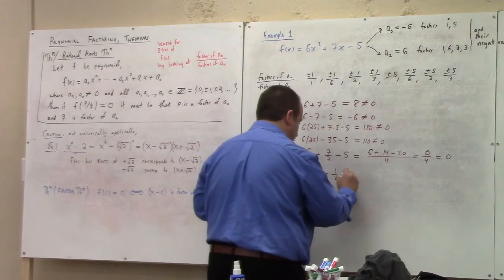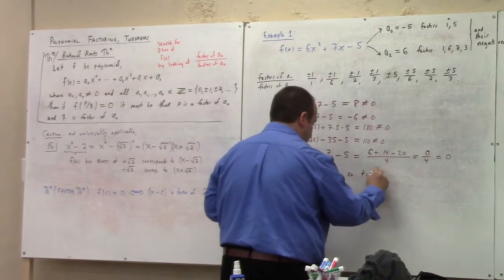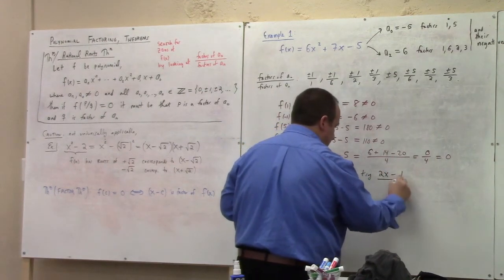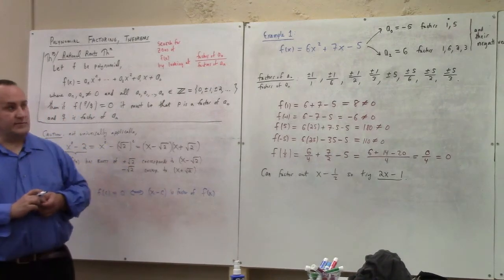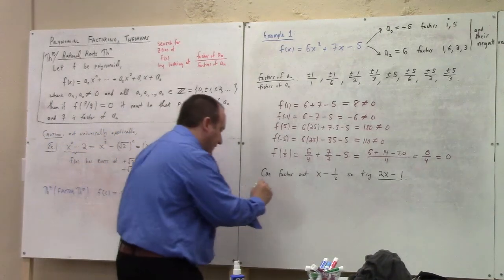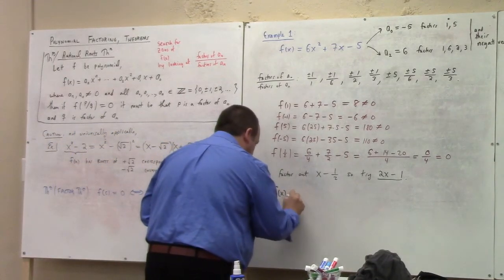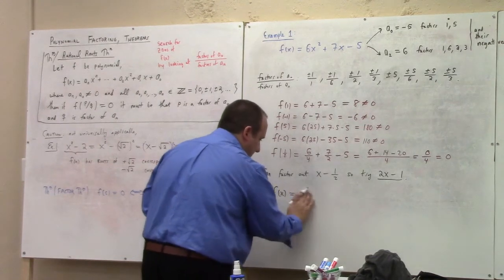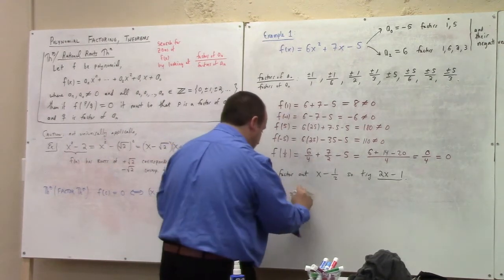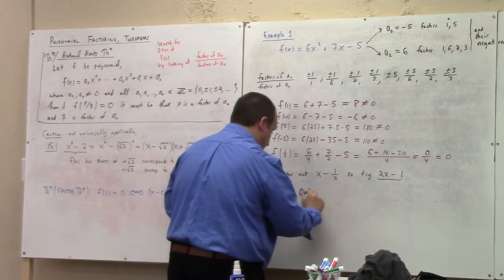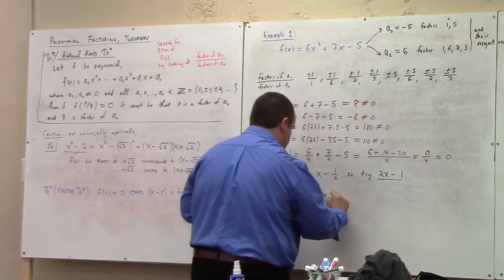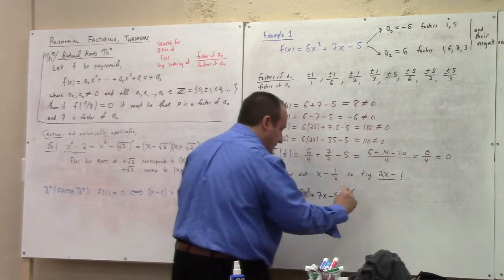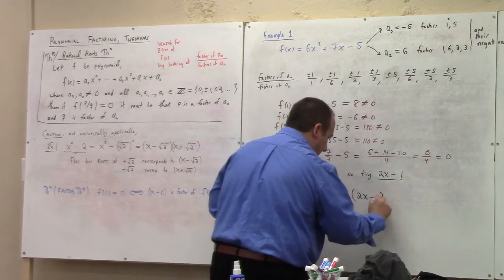So 2x minus 1 should also factor out. All right, so can you see that then? We have f of x equal to, it's equal to what? It's equal to 6x squared plus 7x minus 5. And I'm suggesting we can write that as 2x minus 1 times something.